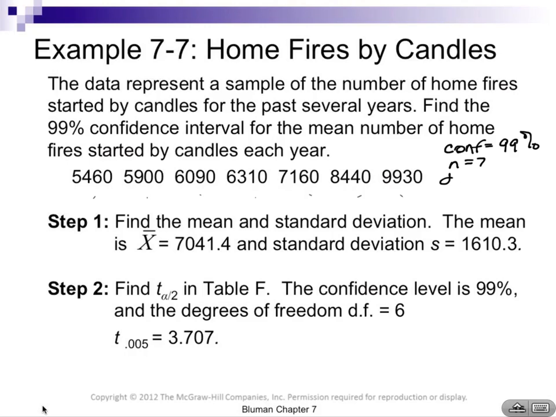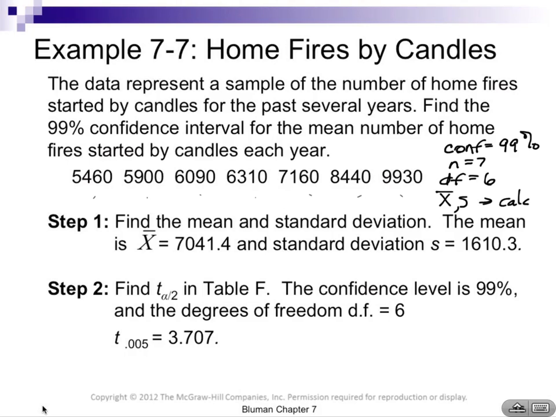So our degrees of freedom, which we need to look up on our table, is going to be 6. We need to find our x bar, and we need to find our s. We're going to find those using our calculator. Go in and do your 1-var stats on this set of data.